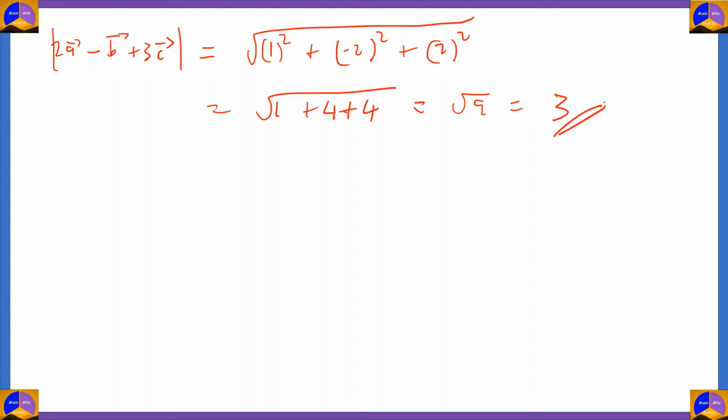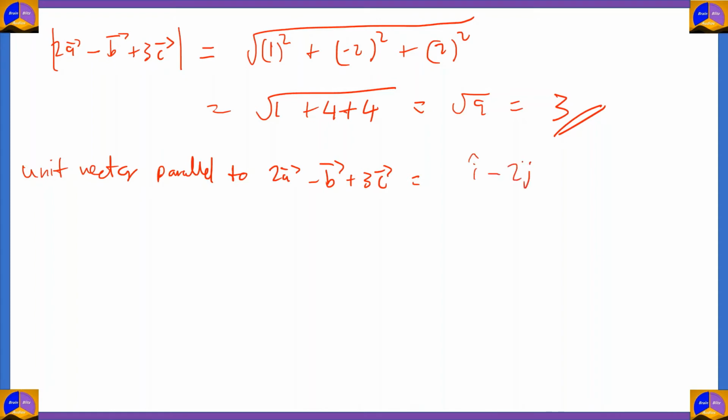And now since we got the value of the modulus, let's find out the unit vector parallel to 2A minus B plus 3C. Now that will be equal to i cap minus 2j cap plus 2k cap divided by 3, which will be equal to 1 by 3 i cap minus 2 by 3 j cap plus 2 by 3 k cap.